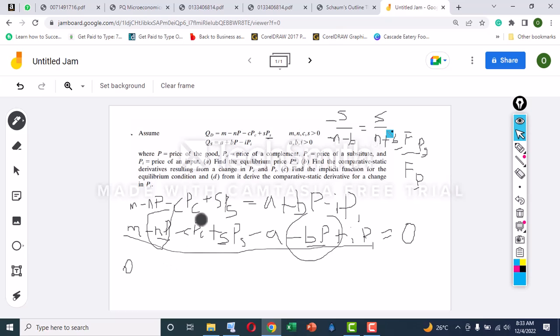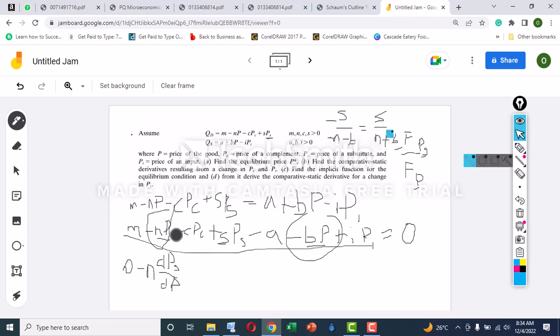Now minus np, we are differentiating with respect to ps, but this p we are going to still differentiate with respect to p, and then put the dps over dp. So that will now be minus n dps over dp. So that one is done.